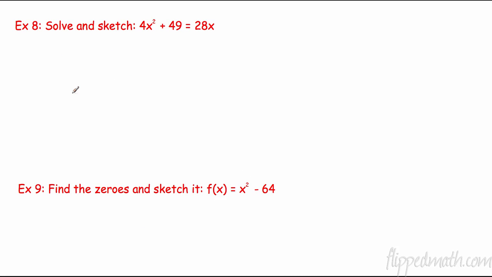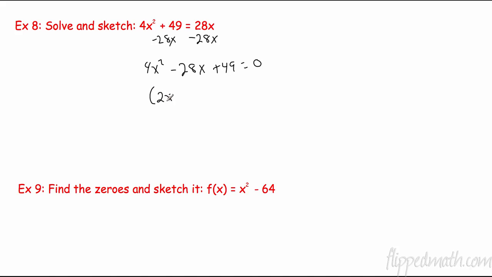And now this works just the same way as we've done the other time, solving and sketching. So let's get this equal to 0. So now we have 4x squared minus 28x plus 49 equals 0. Let's check it. Square root of 4 is 2, and the square root of 49 is 7. 2 times 7 is 14, times 2 is 28, so it works.